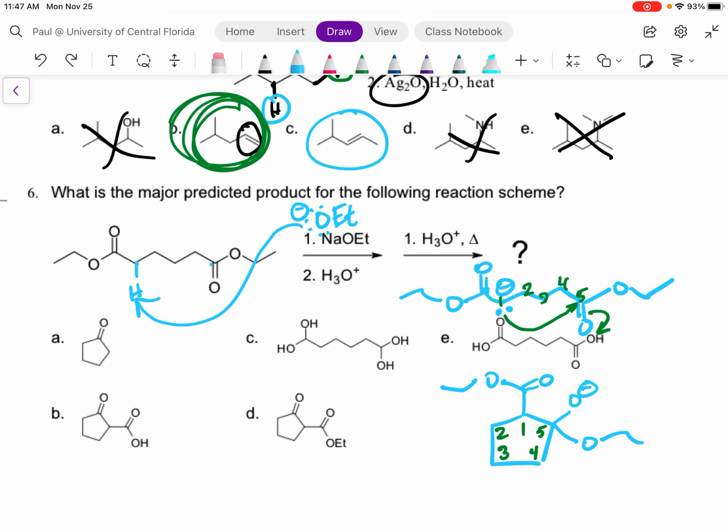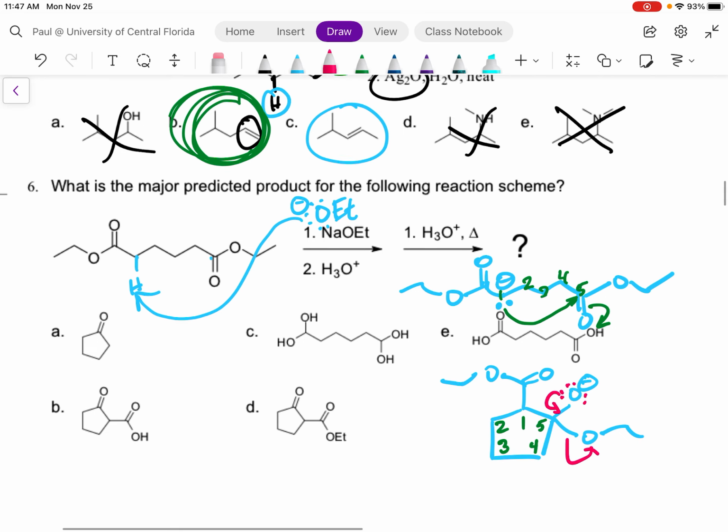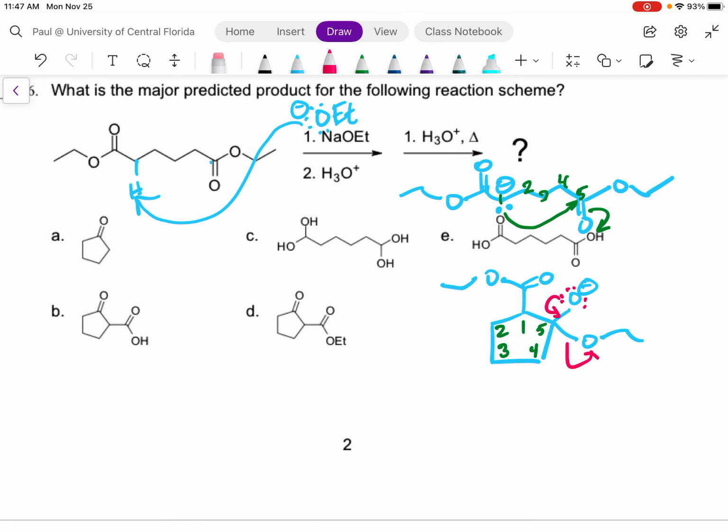Now what's going to happen now? That's going to collapse down. So the lone pairs here are going to collapse down, kick that guy off. That's going to generate this species right here. Okay, double bonded O like that.